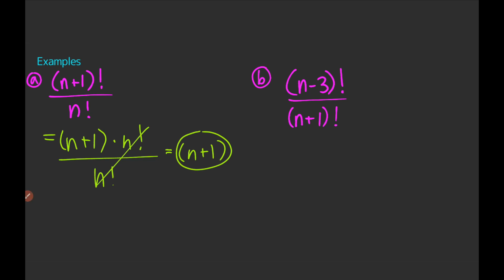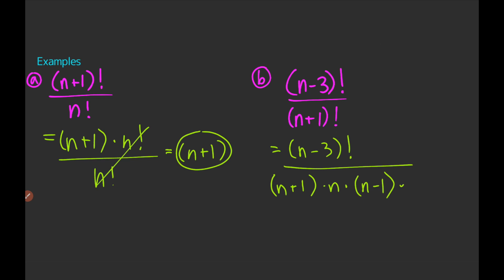We will keep the numerator, n minus 3 factorial, and we will expand out the denominator. So first term will be n plus 1, times n, times n minus 1, times n minus 2, times n minus 3 factorial. So we're going to cancel out that n minus 3 factorial in the numerator and denominator.